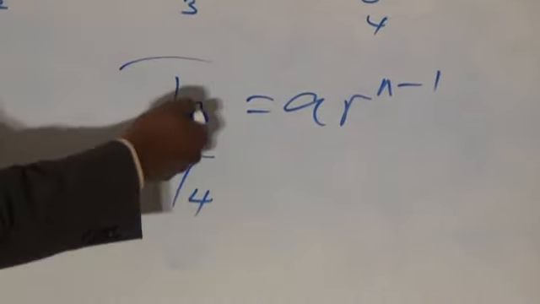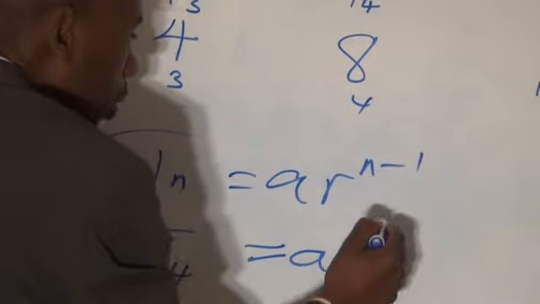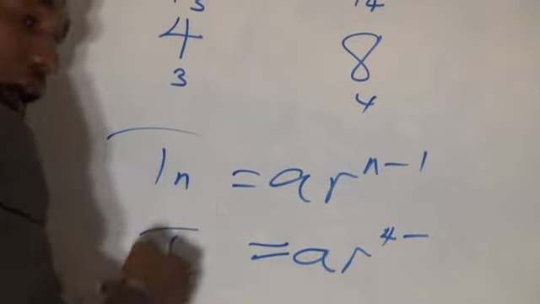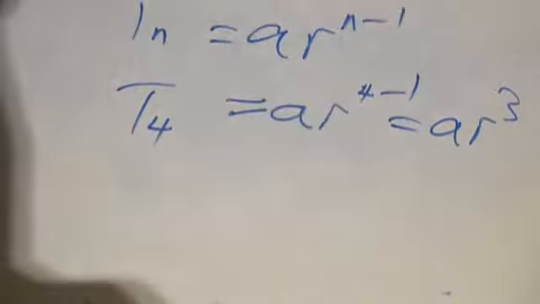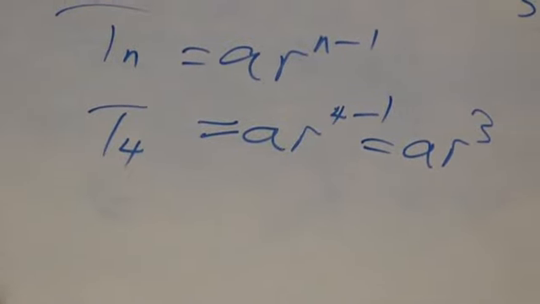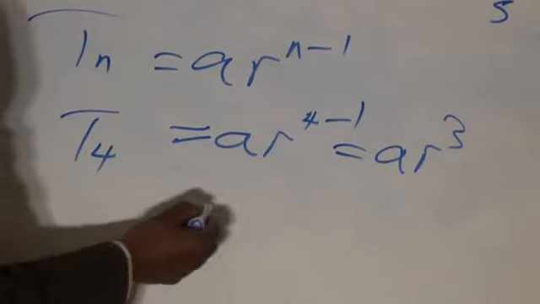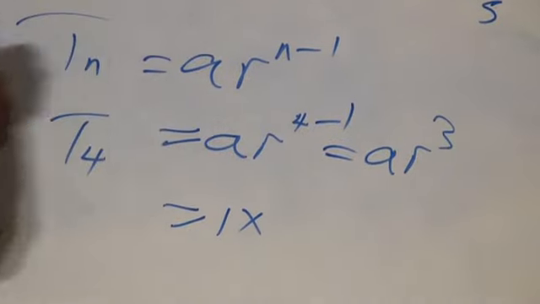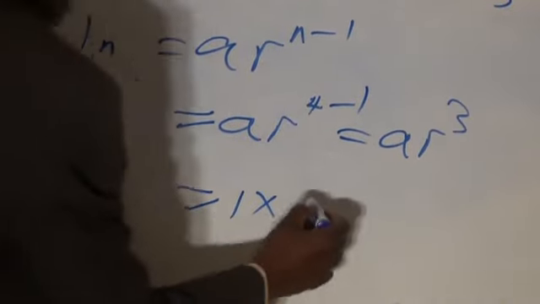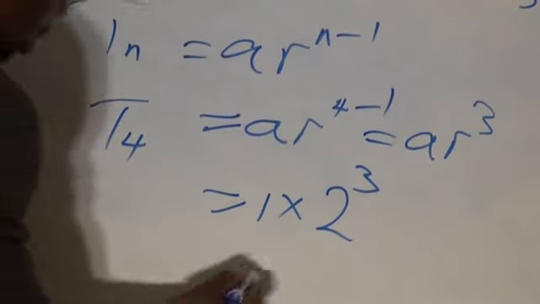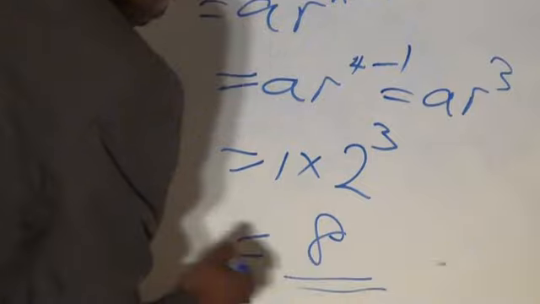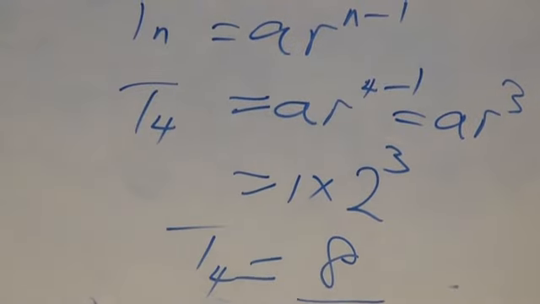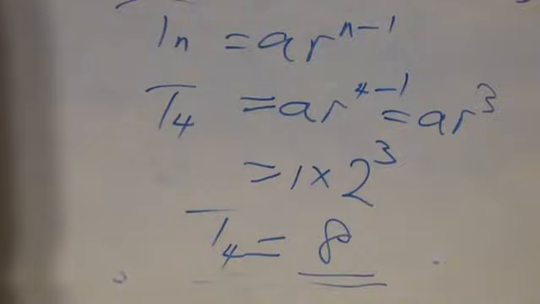This will be a r to the 4 minus 1, which is a r cubed. Agree? But what is a? 1. So this will be 1 times, what is r? 2 to the power 3. That's 2 times 2 times 2, 8. Is our fourth term equal to 8? Yes, correct.